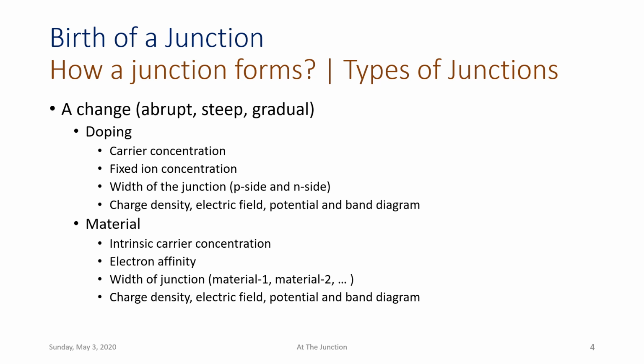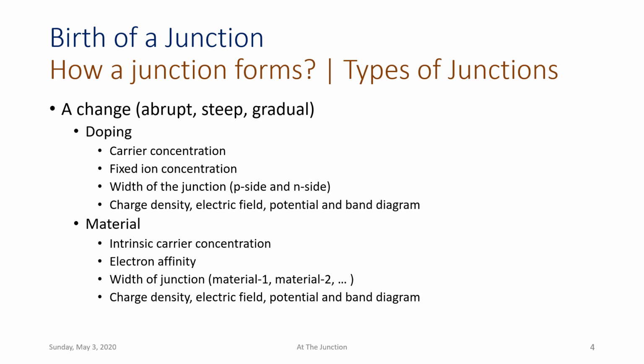So as the carriers flow at the center of the semiconductor, we would have a region where the carriers cross over. And when that happens, it leads to fixed ions, and it is depleted of the mobile carriers.